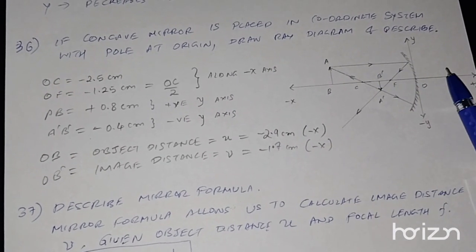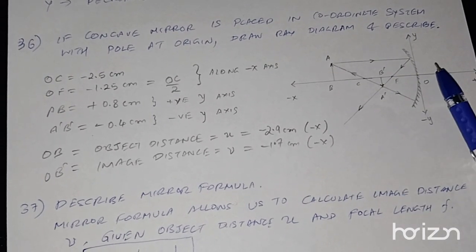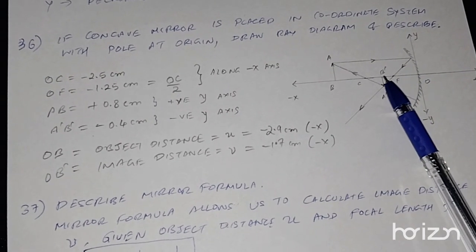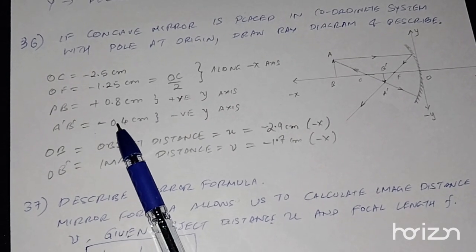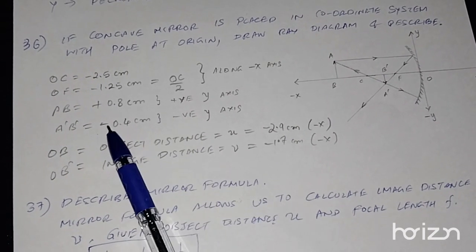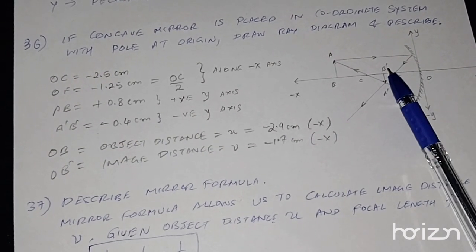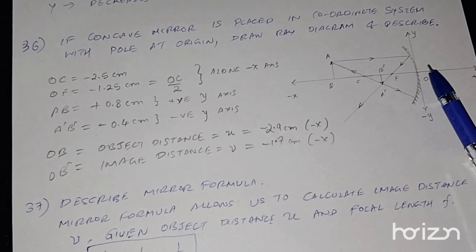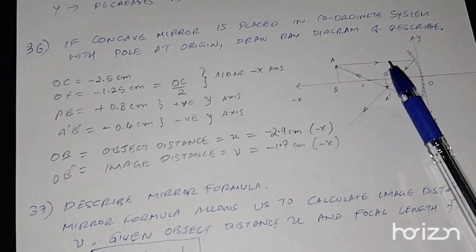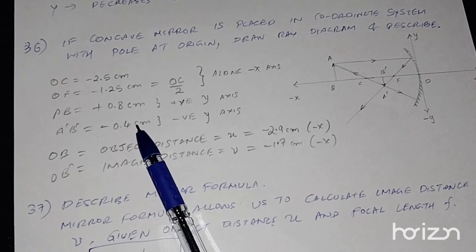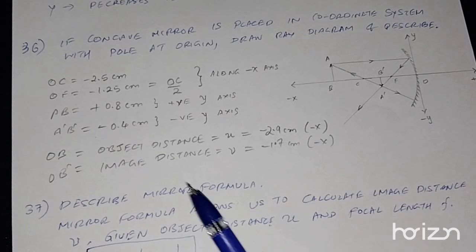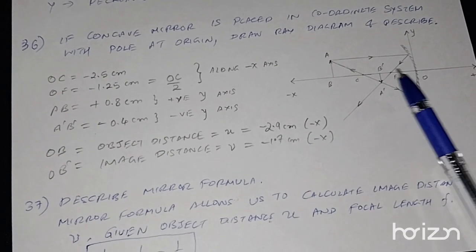If you draw this ray diagram and measure, A dash B dash turns out to be 0.4 centimeter, but a negative sign is given because from the origin you are going down, so that is negative y, so you are getting minus 0.4 centimeter.